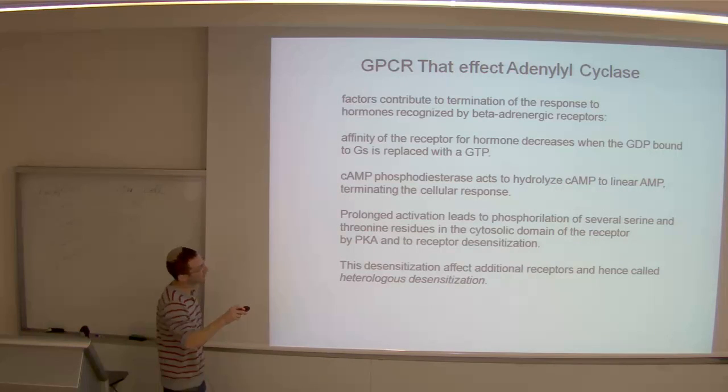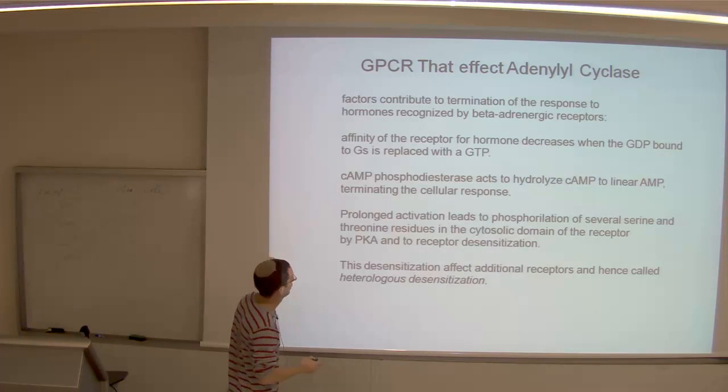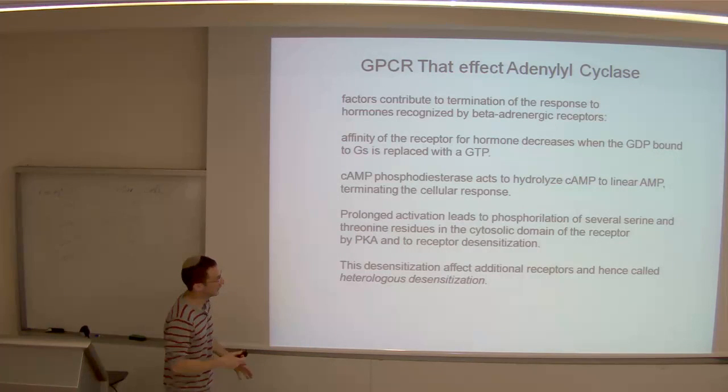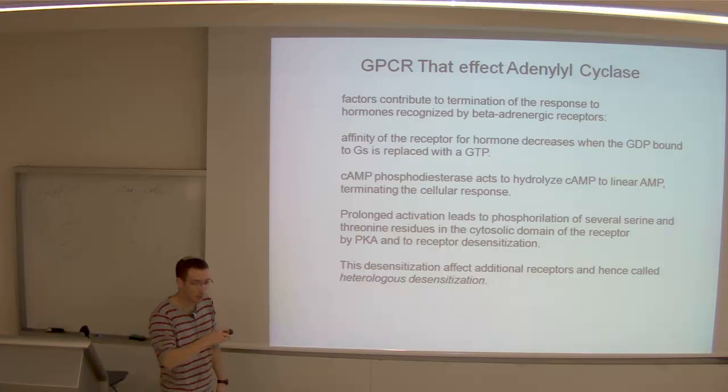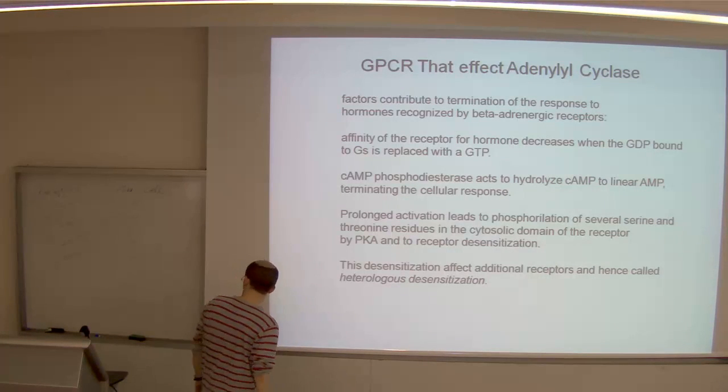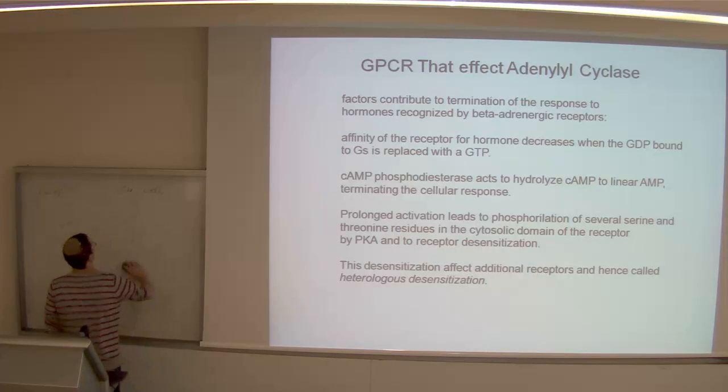Now, upon prolonged activation, or tetanic activation, of the hormone on its receptor, additional things happen, and usually you have phosphorylation of several residues on the receptor itself, the receptor on the plasma membrane that has received the signal.